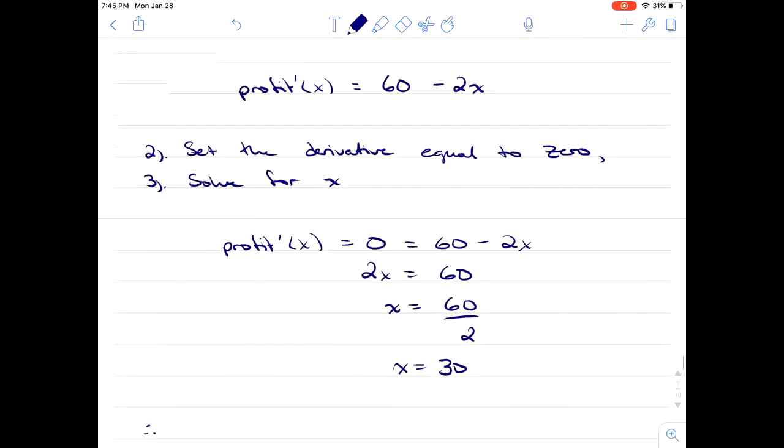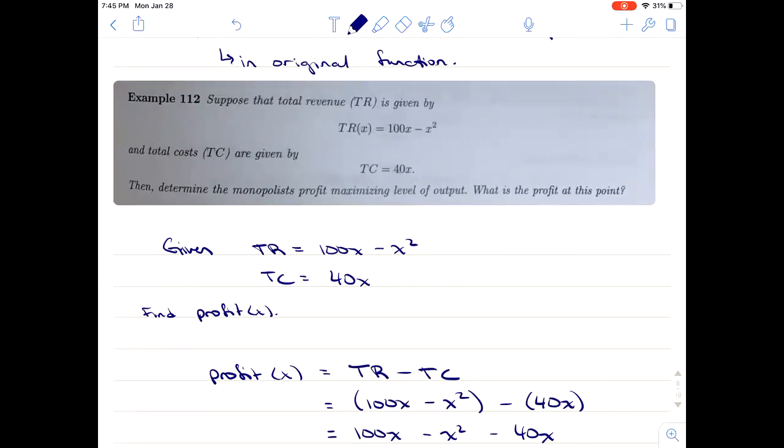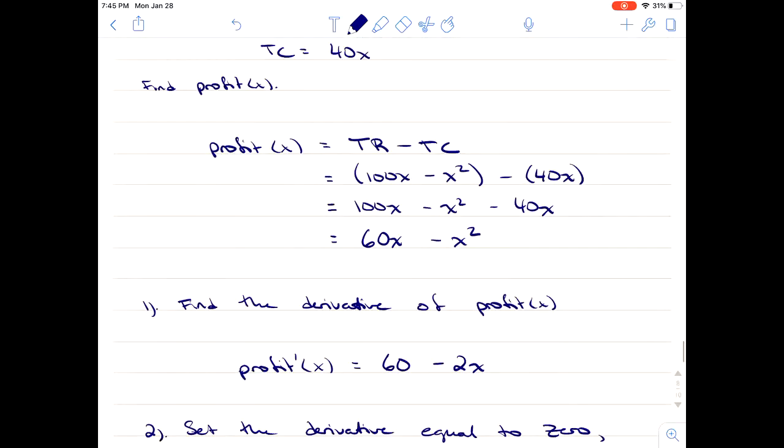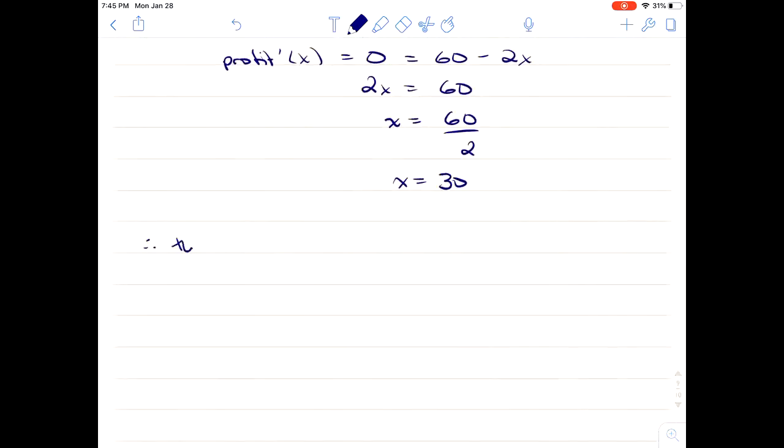Therefore, what part was that? The profit maximizing level of output is x equal to 30.